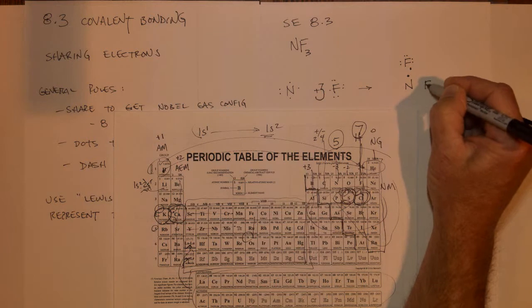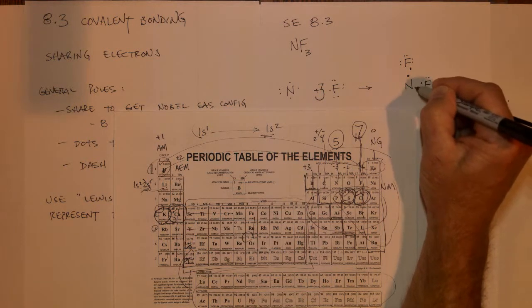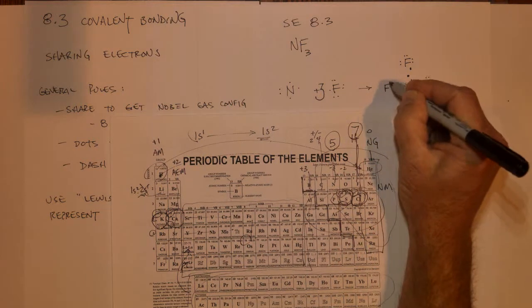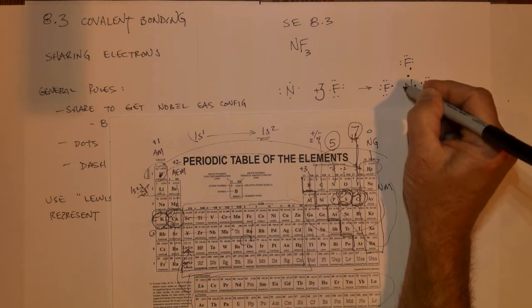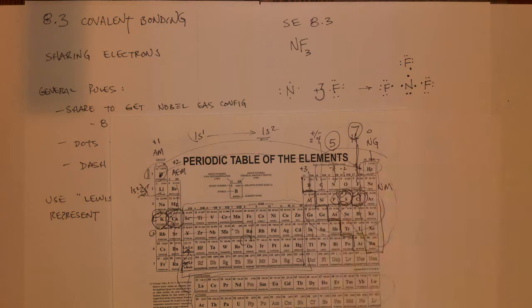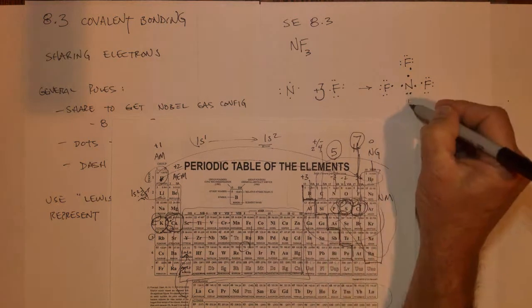And then this fluorine right here would share 1 electron with the nitrogen right here. And then this fluorine right here would have 2, 4, 6, 7, and would share that electron with this side of the nitrogen, and then it would have what's called an unshared pair of electrons right here.